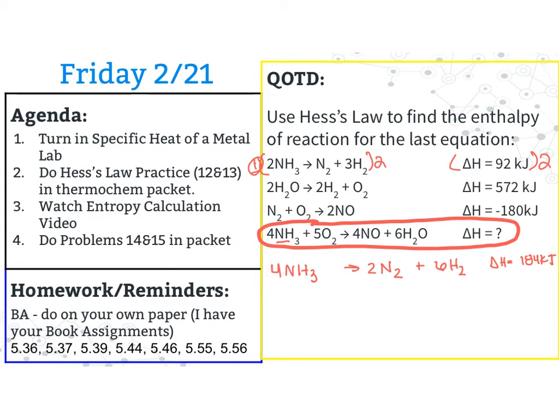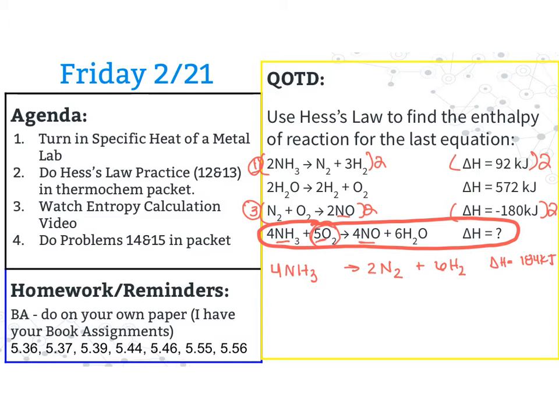So next I am looking for oxygen. I see oxygen in a couple different places, so I'm going to hang on to that one for a moment. So I need to go back and finish that one. But this one here, I've got 4 NOs. So I see NO in equation number 3 here. It's on the correct side, but it's not the correct amount. So I'm going to double this and rewrite it.